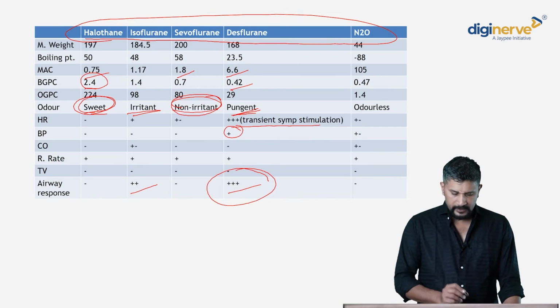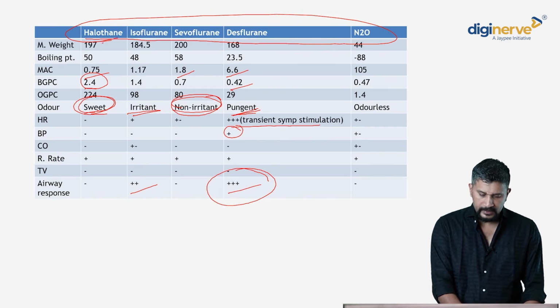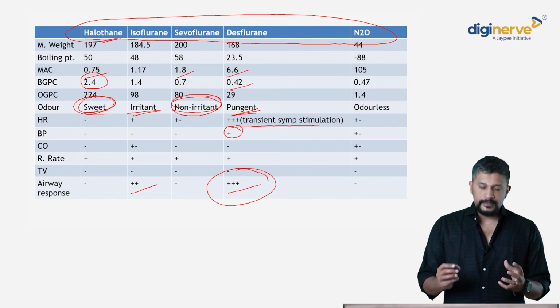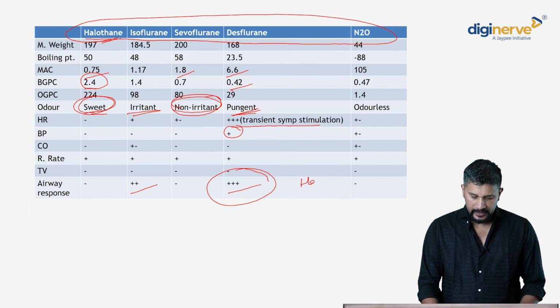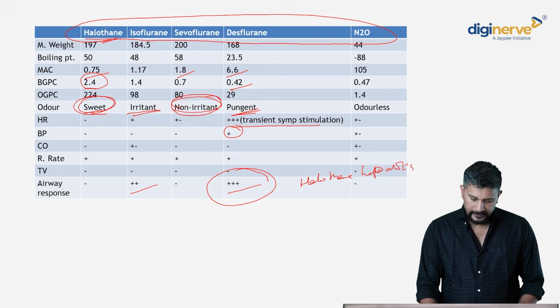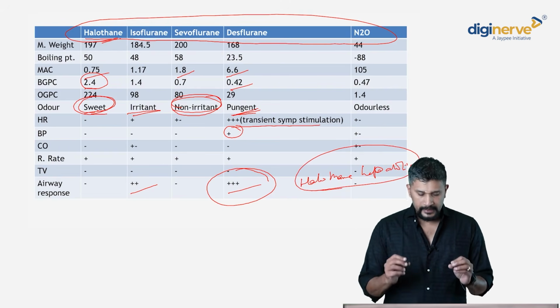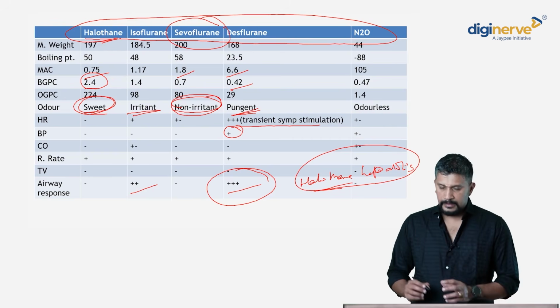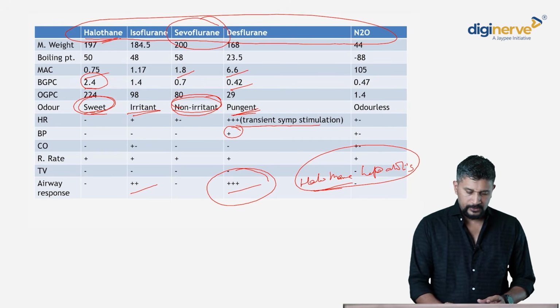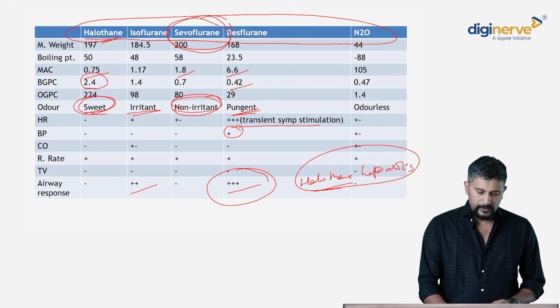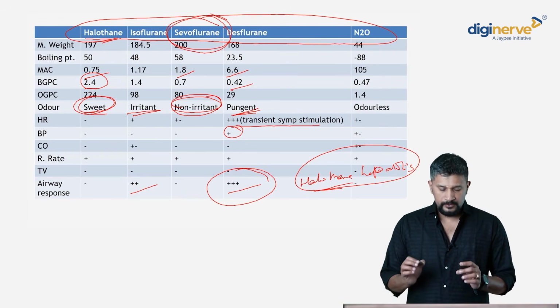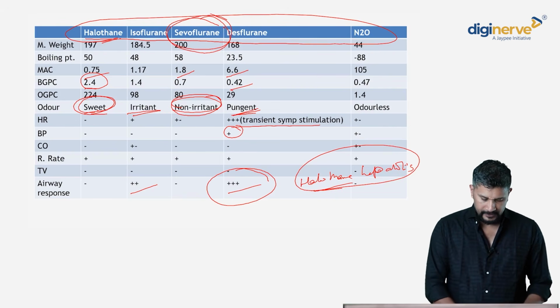Now, the important thing as far as halothane is concerned: when you have recurrent exposures to halothane, you can have something called halothane hepatitis. It tends to affect the liver. We shall again be looking at it in more detail. For patients who have a history of halothane hepatitis, you're going to revert to sevoflurane, which is the drug of choice to maintain anesthesia in these patients.